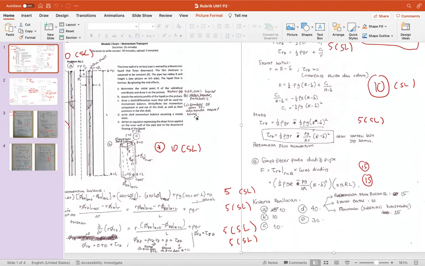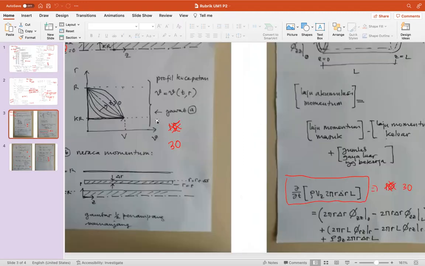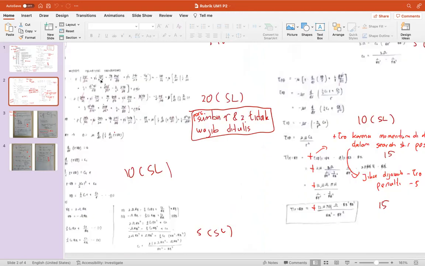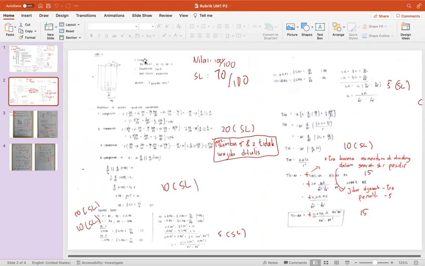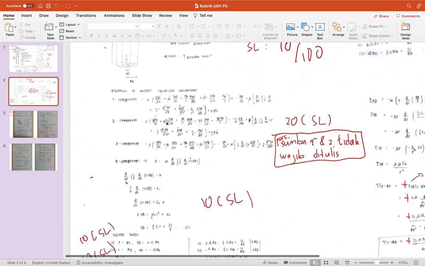No? Okay. And then we have the second number, which is about equations. I just want to give you an example of what happens in the next chapter about the equation of change.